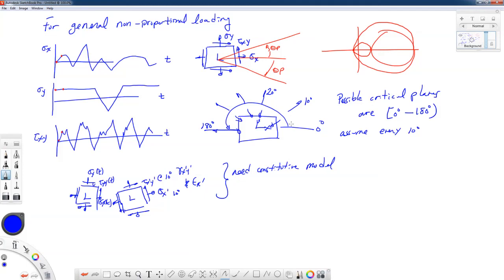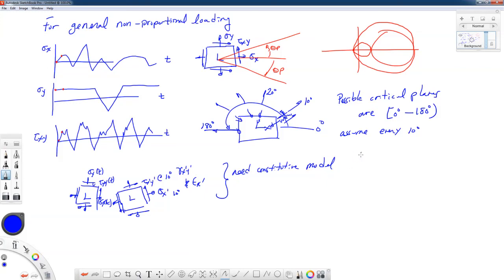Some materials, as I mentioned, are sensitive to shearing stresses and shearing strains, so we may do a normal stress sensitive fatigue damage parameter on the planes where the crack may grow perpendicular to that stress direction, but we also may need to do a different damage parameter where we might have a shear crack that forms along this direction.